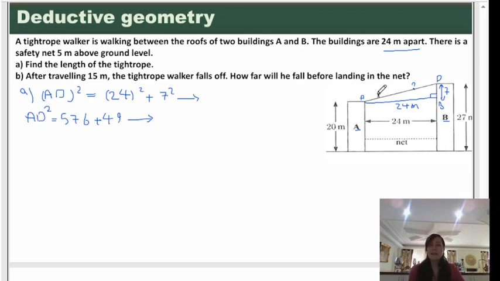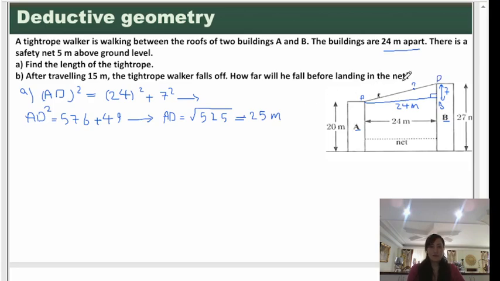Now I take the root from both sides. And we know when we are talking about length, it always gets a positive sign, never a negative sign. So AD equals the square root of 625, which is equal to 25 meters.